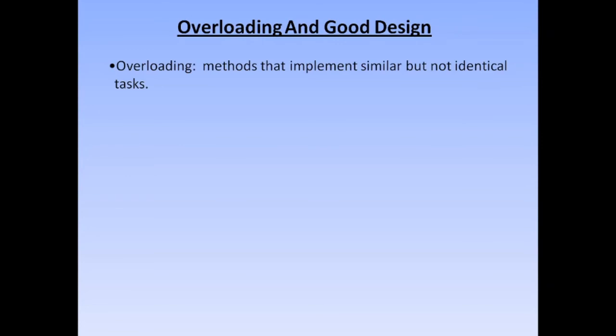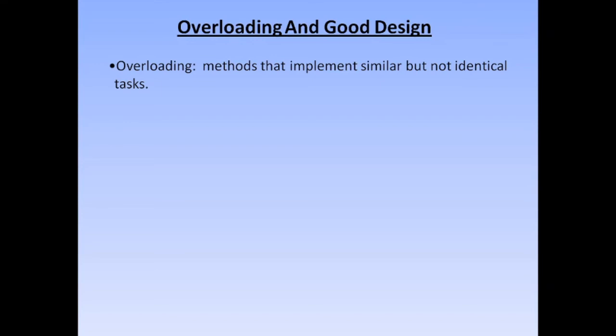Okay, overloading is definitely a good design for methods that implement similar but not identical tasks. If there are a couple of methods, or three or four methods, that have a similar type of purpose, then we give them the same name.